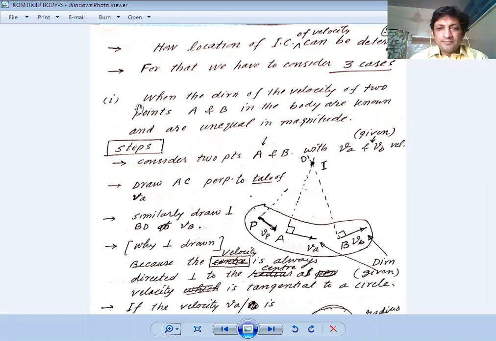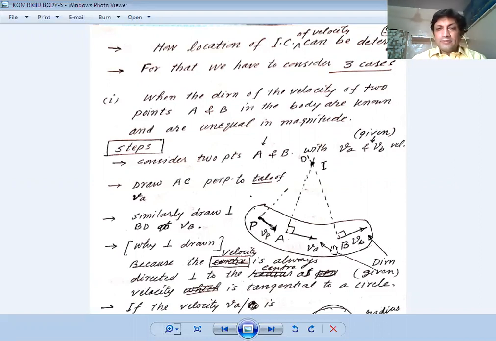Number one: in this body, which is rotating in general plane motion in an anti-clockwise direction, there are two points A and B. They have unequal magnitude velocity, meaning VA has some value and VB some other value.